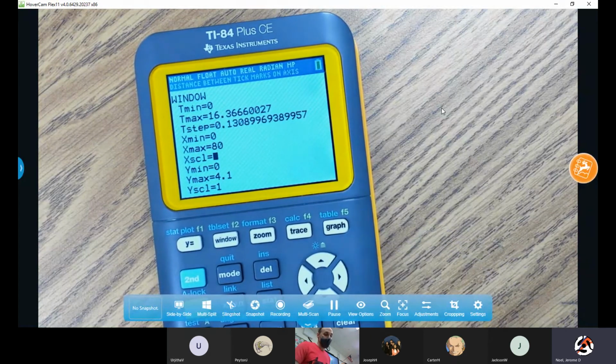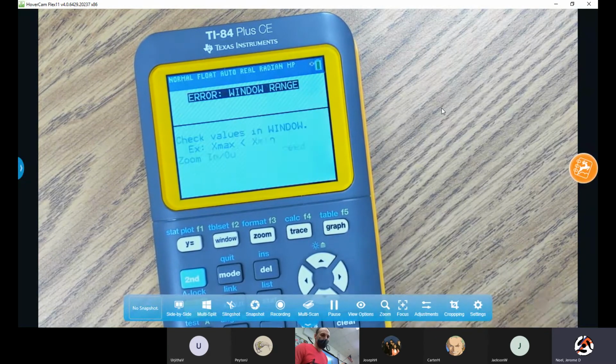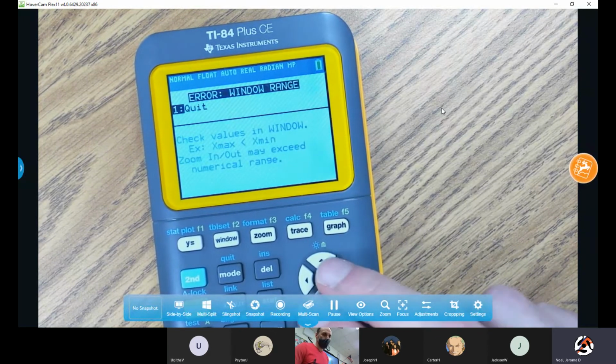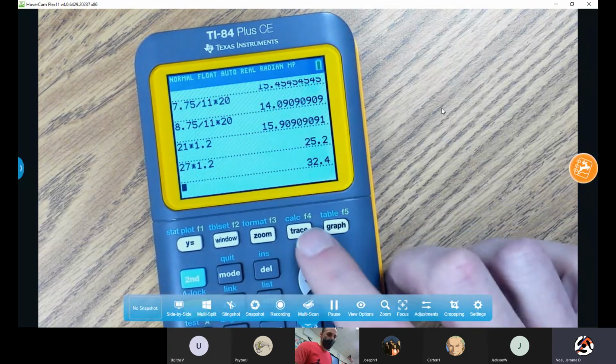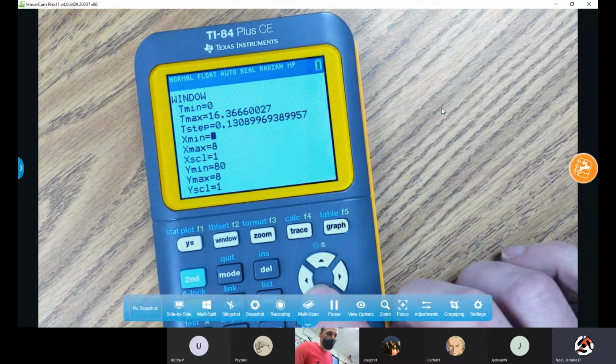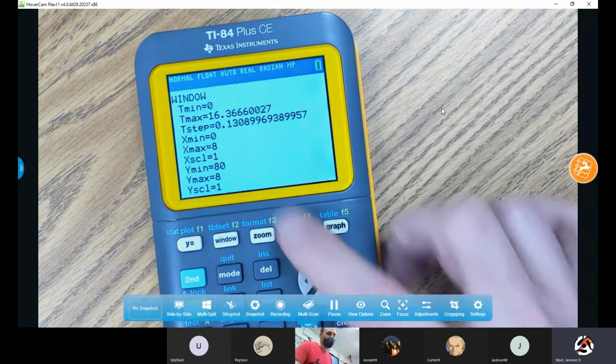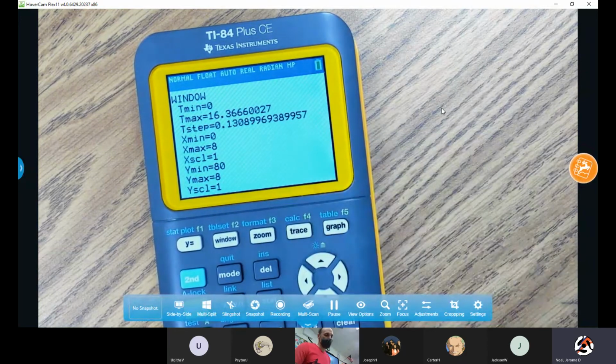This should be 80, and that should be 8. So what should x's be? We'll go to 8, and then maybe a scale of 1. Let's hit graph and see. Oh, it's because you did 80 to 8, not 8 to 80. My minimum is 80 and my maximum is 8.